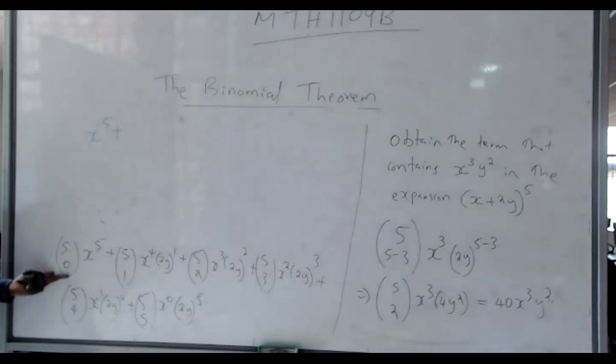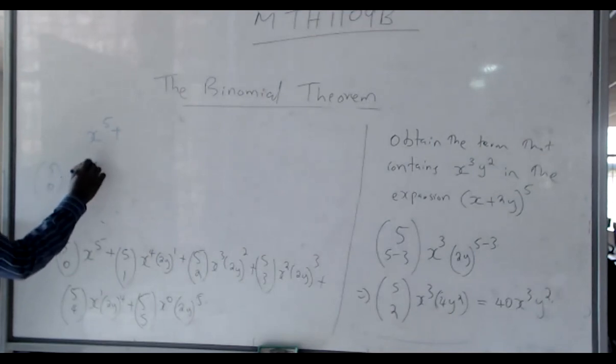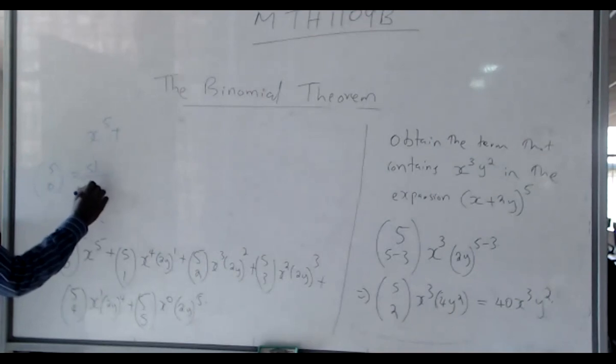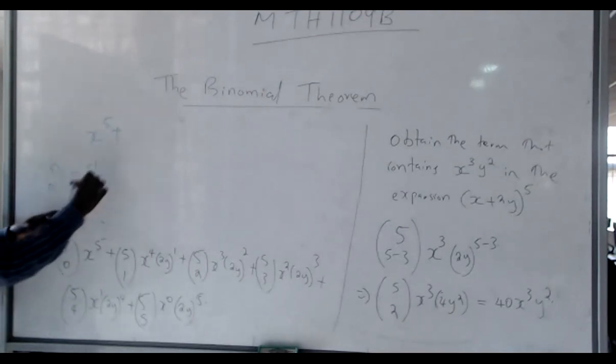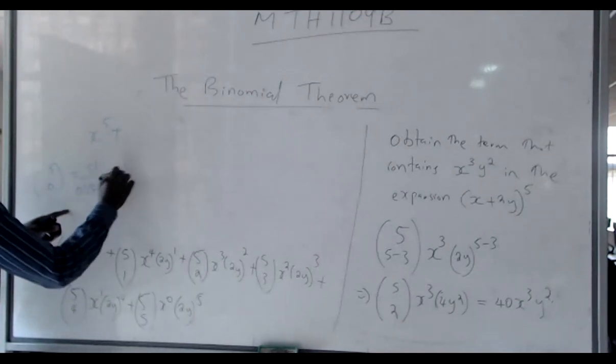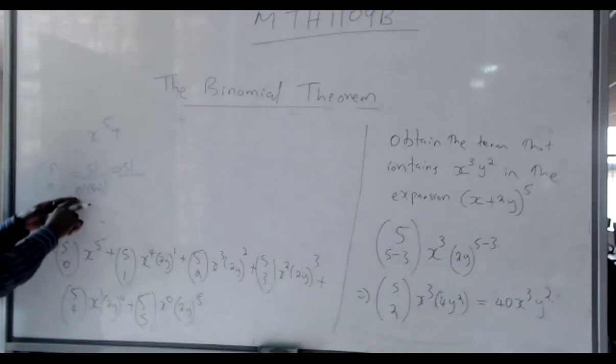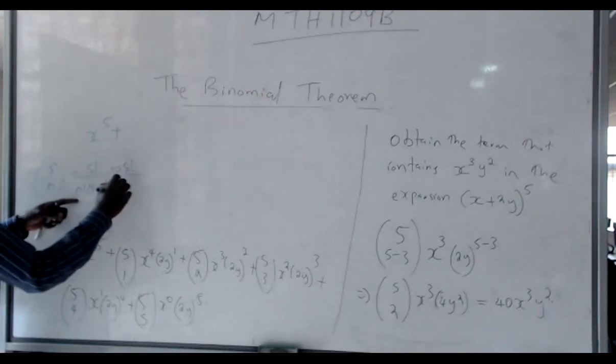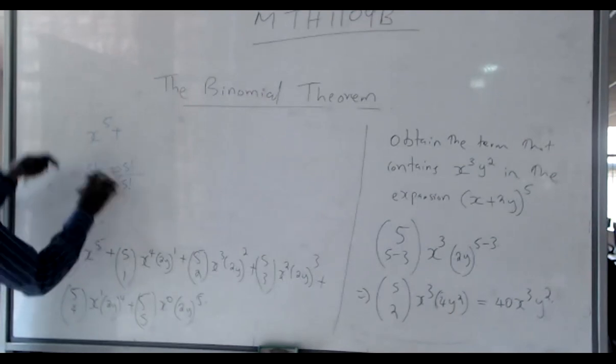So 5 combination 0 is going to be 1. This is very easy to compute. 5 combination 0 is 5 factorial divided by 0 factorial times 5 minus 0 factorial. So you have up here 5 factorial. 0 factorial we know is 1. 5 minus 0 is 5. So 5 factorial divided by 5 factorial is 1.